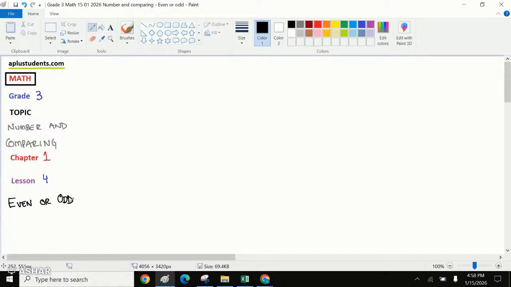We will try to differentiate between even and odd numbers. So we go to aplusstudents.com, maths, grade 3, chapter number 1, and lesson number 4.